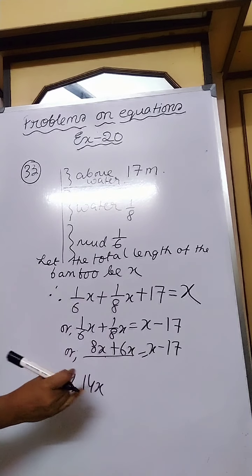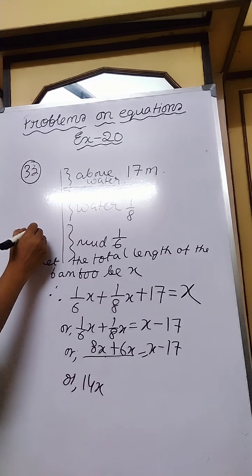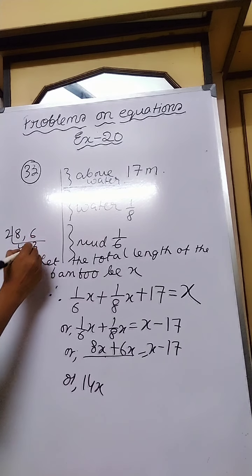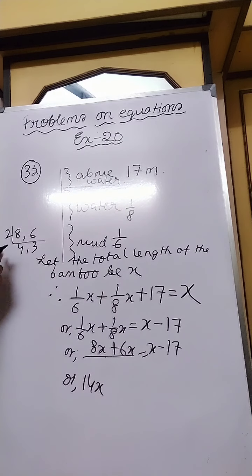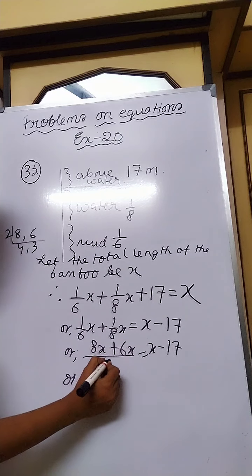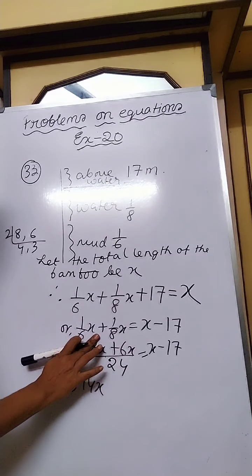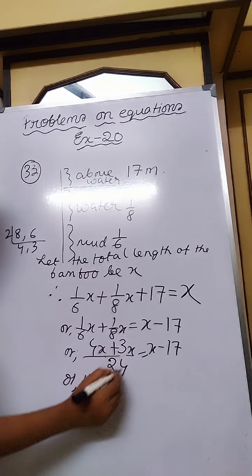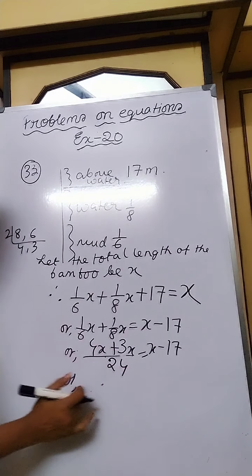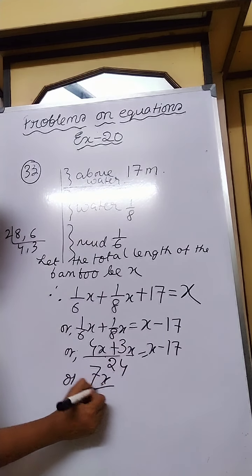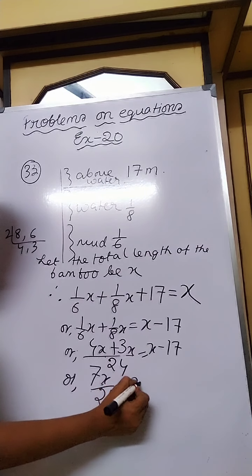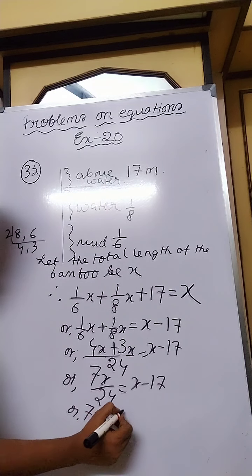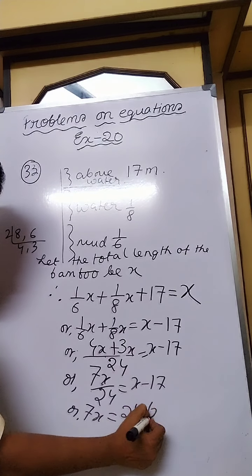The LCM of 8 and 6 will be 24. 6 4s are 24, so 4x, and 8 3s are 24, so 3x. So it will be 7x by 24 is equal to x minus 17, or 7x is equal to 24 into x minus 17.